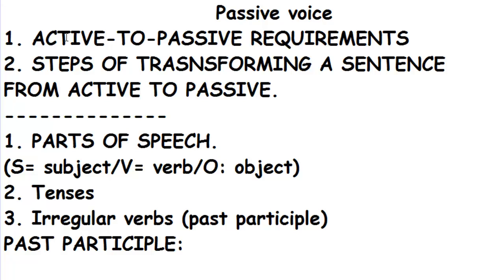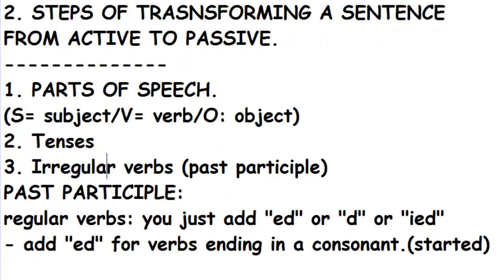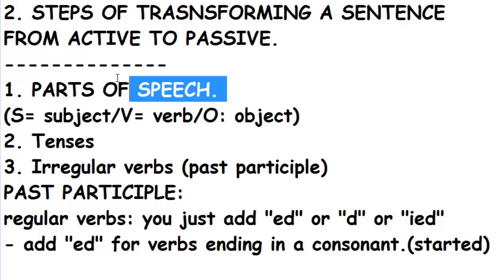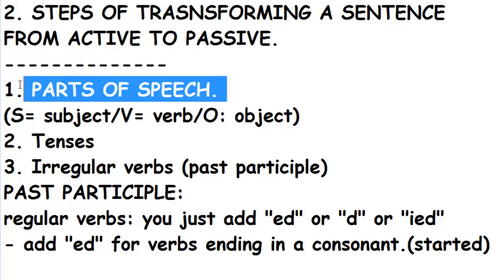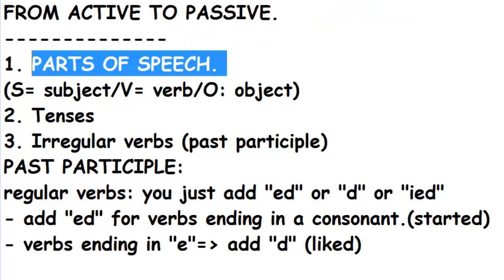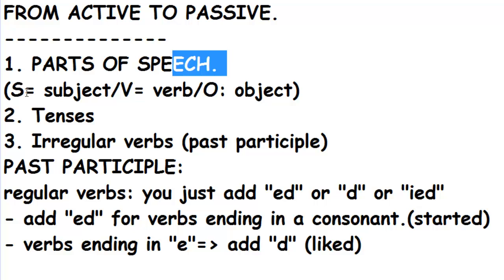Let's remind ourselves of what we did. Active to passive requirements: number one, you have to know the parts of speech. The first thing you have to do when given a sentence to be transformed into the passive is to determine the parts of speech: basically the subject, the verb, and then the object.